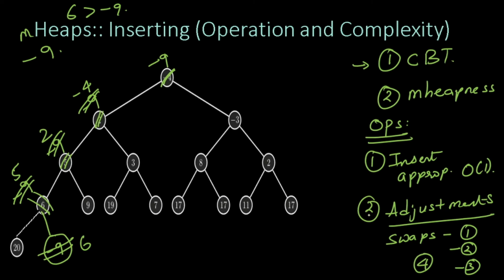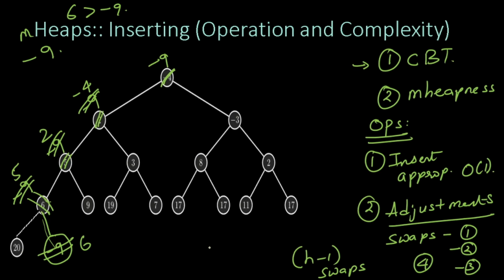So let us understand why we did 4 adjustments. We started from the bottommost level and we kept swapping, and we took height - 1 number of swaps to actually make a min heap out of this. As you can see, this is a min heap right now. -9 is smaller than -4 and -3. -4 is smaller than 2 and 3. 2 is smaller than 5 and 9 and 5 is smaller than 20 and 6.